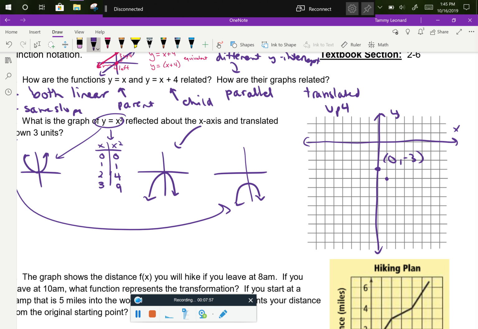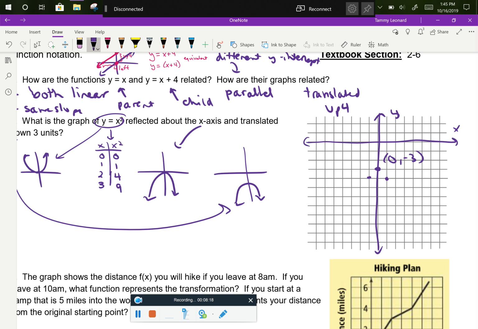But we know that parabolas are symmetric. So if I can go 1 to the right and 1 down, I can also go 1 to the left and 1 down. How are we doing so far? We okay? All right, now, here's the deal. I always have to reference the original point on my graph. So see how the next point says go 2 to the right and 4 down?